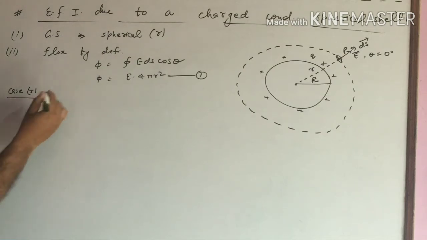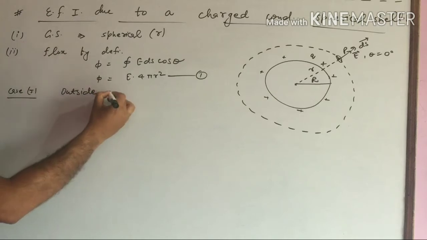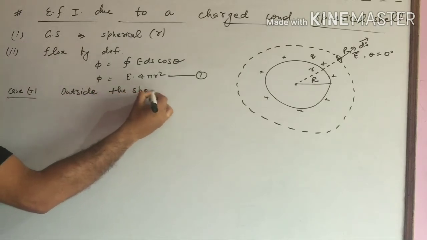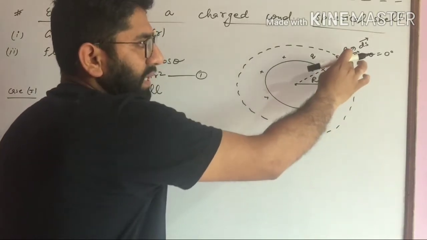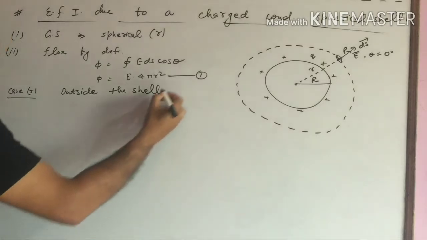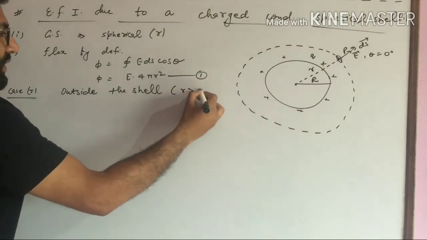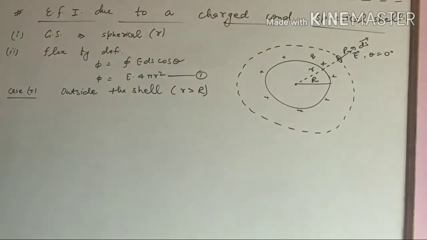So let us assume the first case. First case is the point is lying outside the shell. Like I have shown in the diagram, the point P is lying outside the spherical shell. So in this case, the radius of the Gaussian surface will be greater than the radius of the given spherical shell.